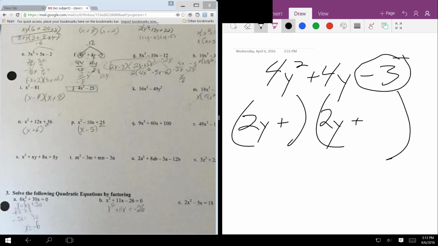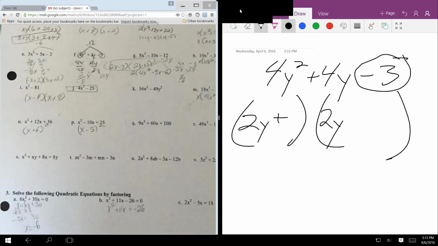Remember, you get this constant by the last step of FOIL, multiplying that by that. Well, you can't produce a negative 3 unless the signs are opposite. So it can't be positive, positive. It can't be negative, negative. It has to be positive and negative.